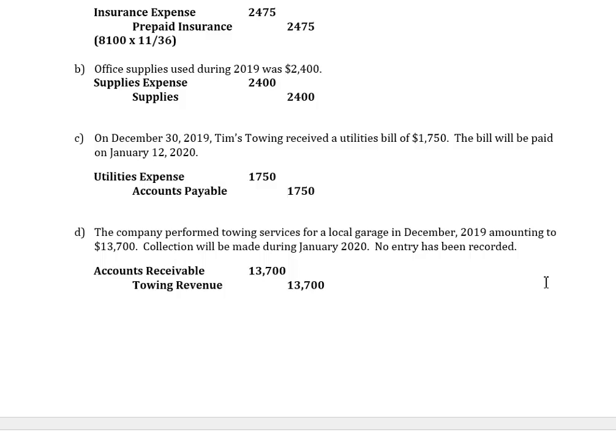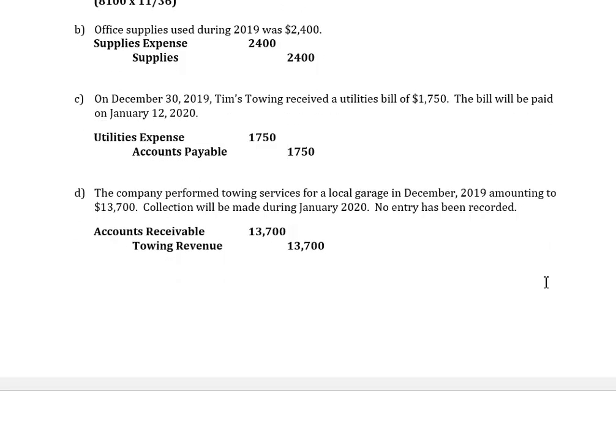Now, during December of 2019, the company performed towing services for a local garage, and they needed to bill them $13,700, right? They're not going to collect until January because, again, they're billing them at the end of the month, but they did this service, and they don't expect to be collecting until January.